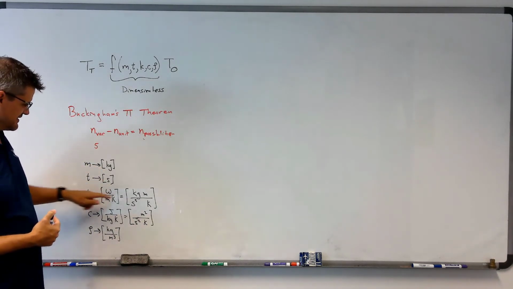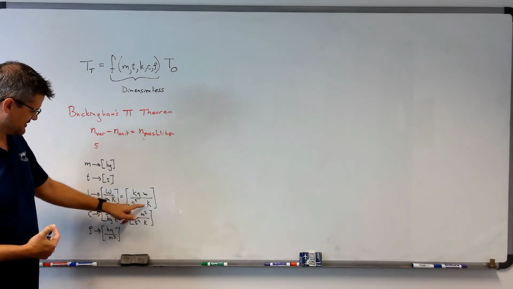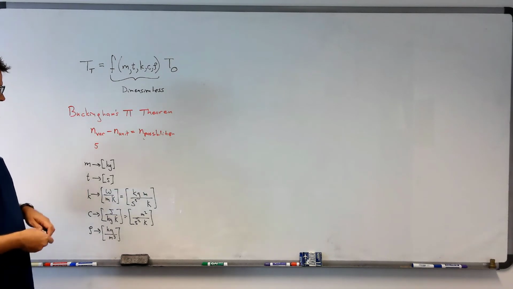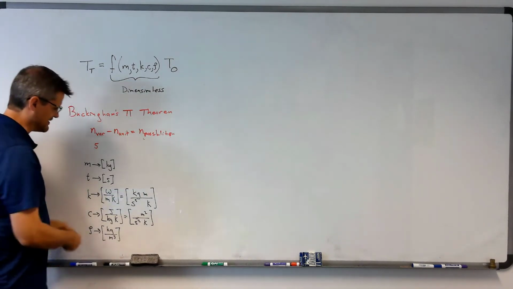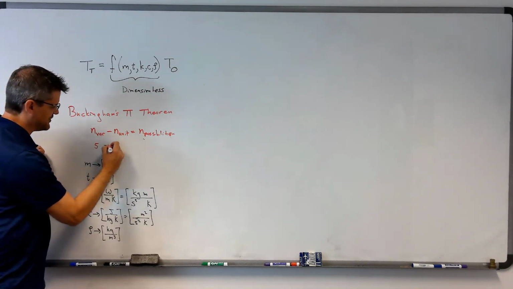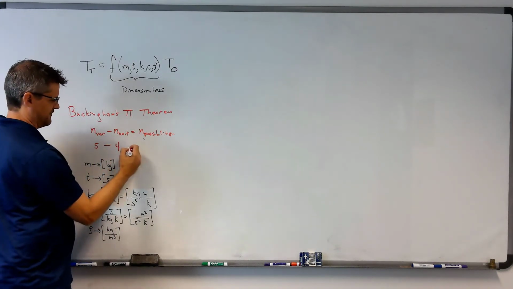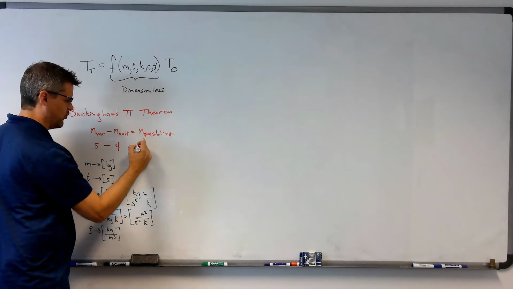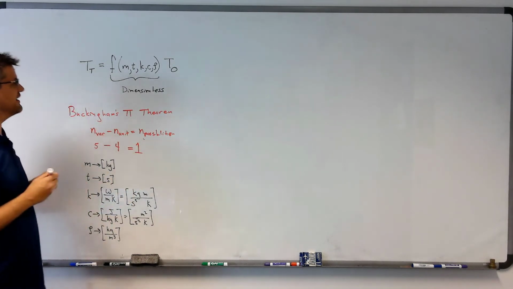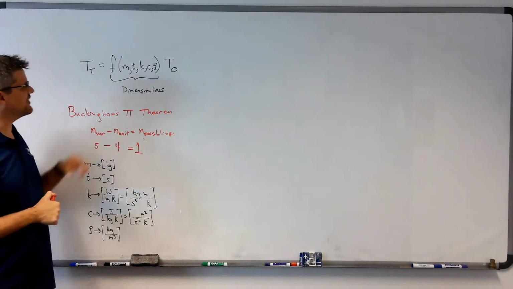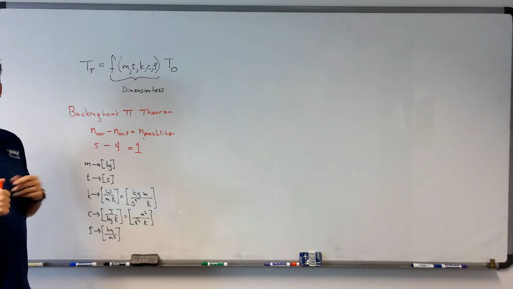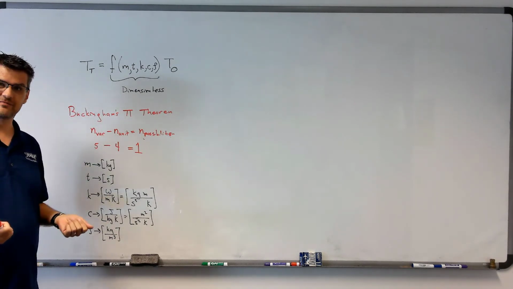Kilograms, seconds, meters, Kelvin, everything here is in those things. So coming back to this expression, the number of units that we need, SI units that we need, is 4. Meaning that there is one possible way that I can group these variables together to make something that is dimensionless.